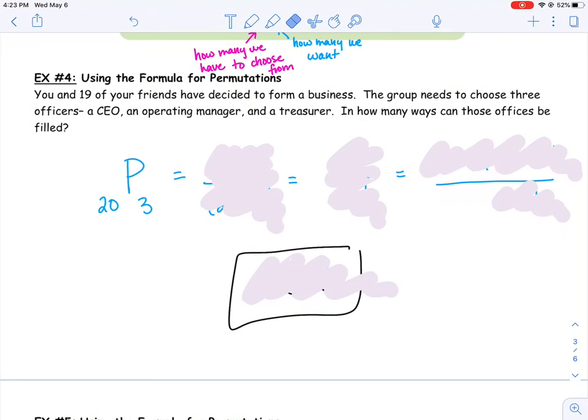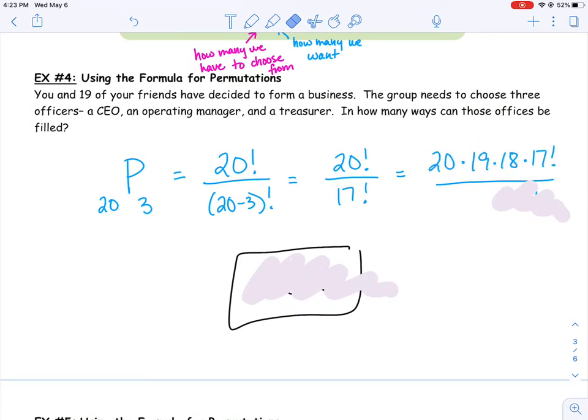All right, let's set up that permutation formula. We have our 20 factorial on top. We have our 20 minus 3 factorial on the bottom. We can simplify a little bit and say that we have 20 factorial divided by 17 factorial. Let's write it all out. We have 20, 19, 18, 17, and I can stop there, right?